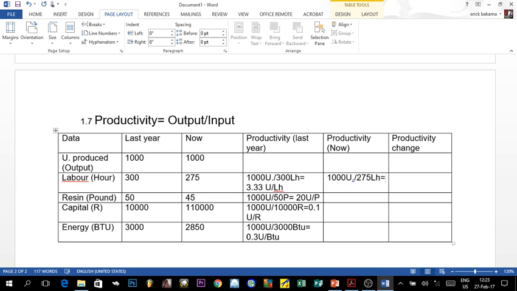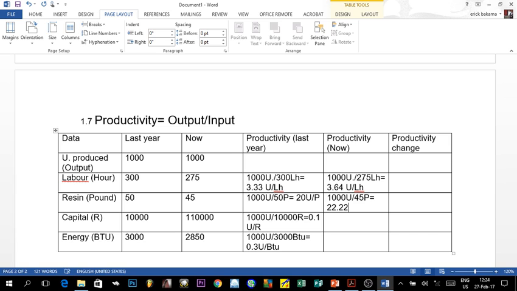So we have 1000, we divide by 275, and the amount that we get is 3.636, so we're going to put it like 3.64 units produced per labor hour. Then we do the same for the pounds that we use, it is still 1000 units, but now they use 45 pounds of resin. So 1000 divided by 45, the value that we get is 22.2 units per pound of resin used.